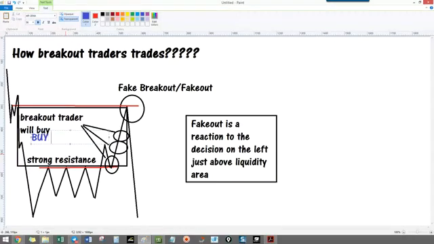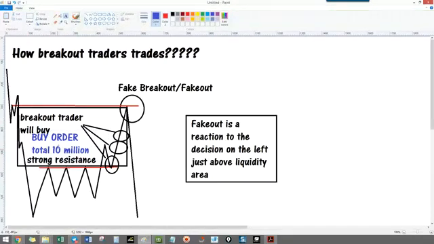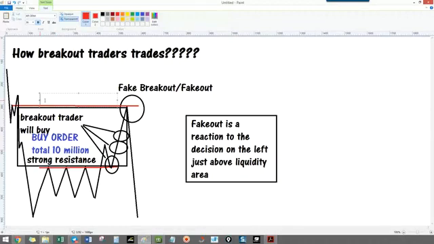Total buy orders: 10 million. So in this box you got 10 million of buy orders. So up here the big trader wants to sell an order of 10 million.